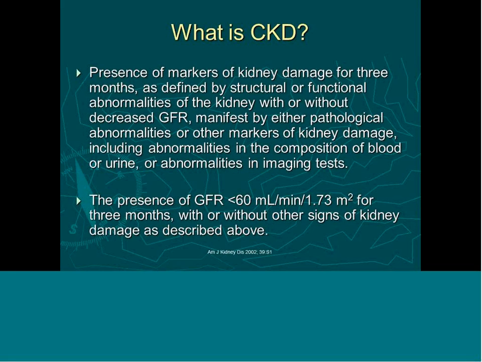This is taken from the American Journal of Kidney Disease in 2002, which defined chronic kidney disease. Chronic is defined as the presence of markers of kidney damage for three or more months, which can be structural or functional abnormalities of the kidney with or without decreased GFR.